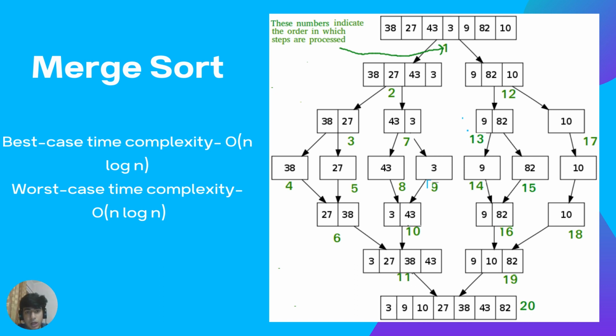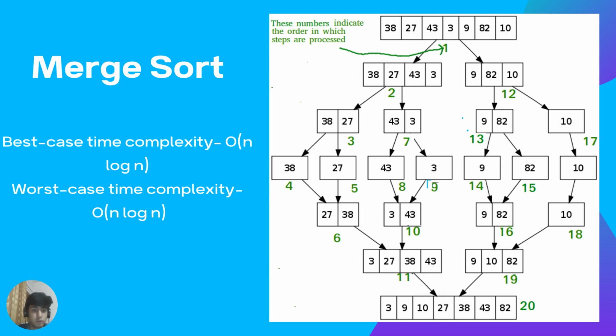You can pause the video here and take a look at this graph of how the problem gets split into multiple arrays. For example, that's an array of 7 elements. It will get split into 4 and 3, then it will go on splitting down to single elements, and then it will get sorted and recombined. That's basically the gist of how merge sort works.